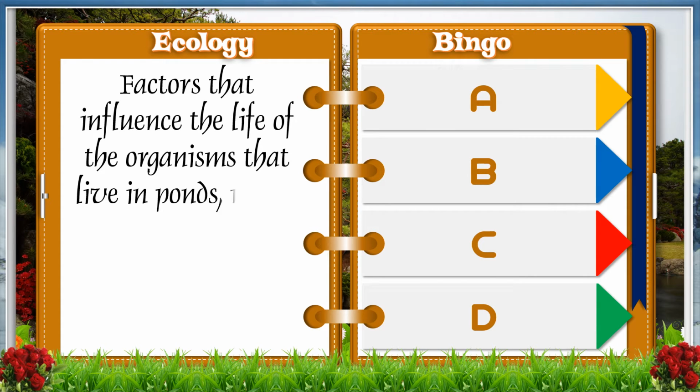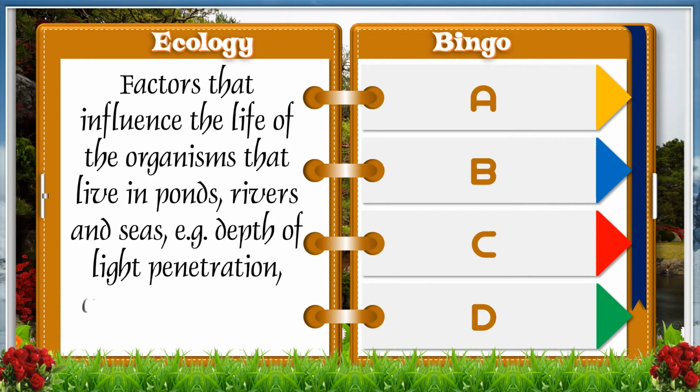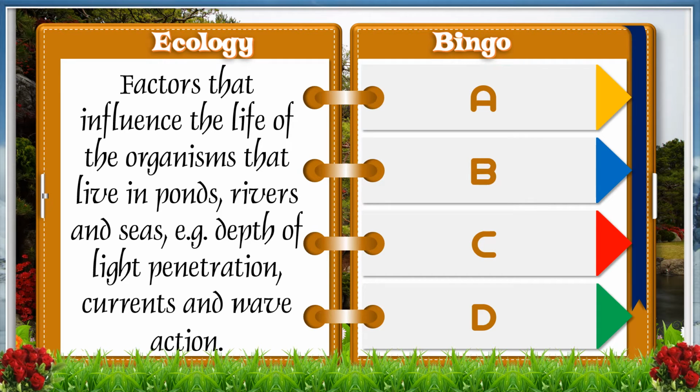Factors that influence the life of the organisms that live in ponds, rivers, and seas, e.g. depth of light penetration and currents and wave actions.